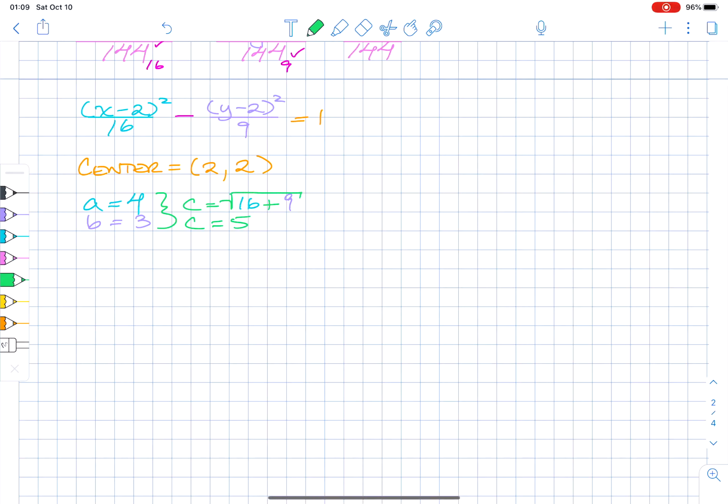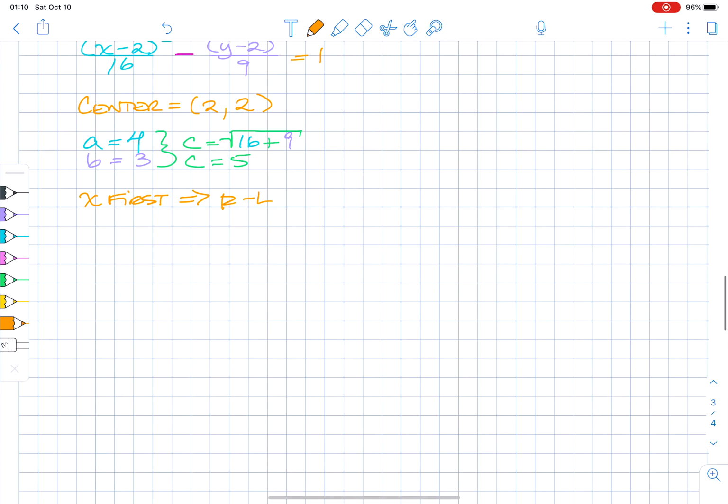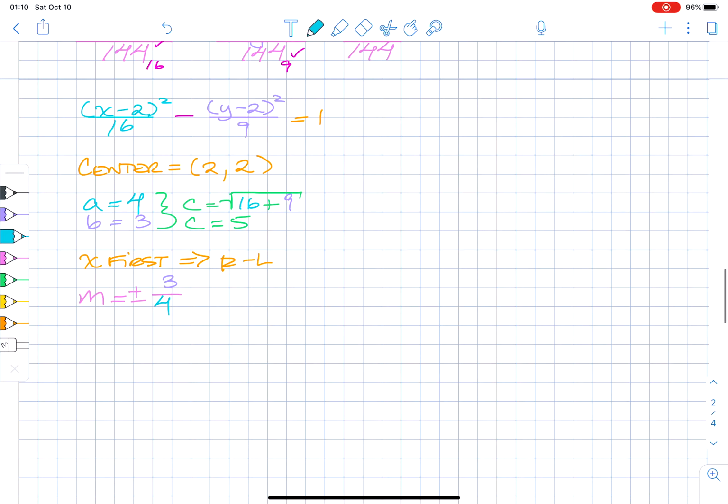So that's the distance to the foci. We have that x is first, so we know that that is going to be right, left. The asymptotes will have slopes of plus or minus b over a, which is going to be 3 over 4 through the center. Okay, so let's go ahead and draw the x and y coordinate axes.